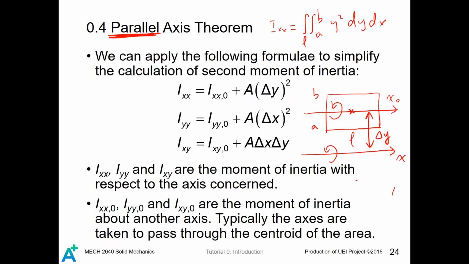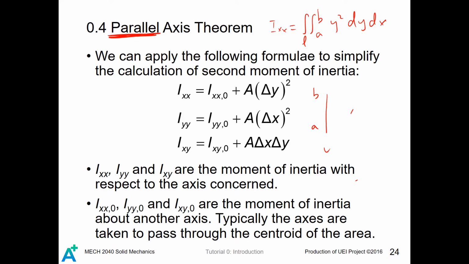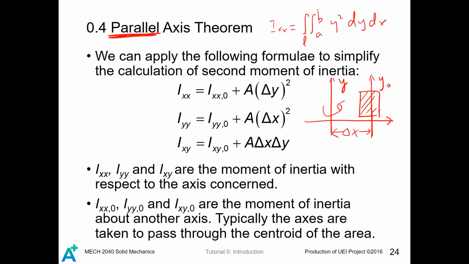And similarly, if we are talking about, okay, so it is an axis y0, and we're interested in the moment of inertia of this region about the y-axis, then you will have a horizontal translation delta x, the distance between the two axes, right?